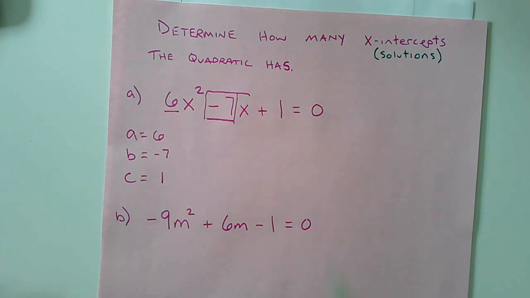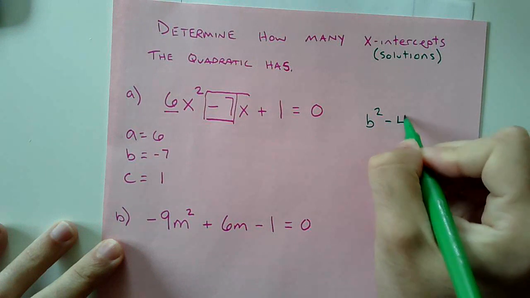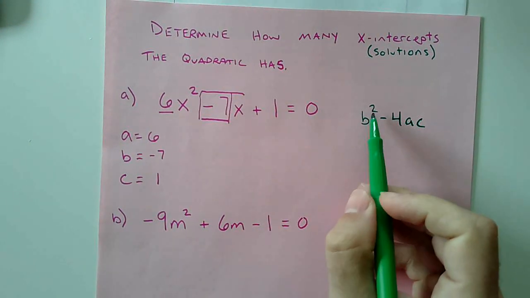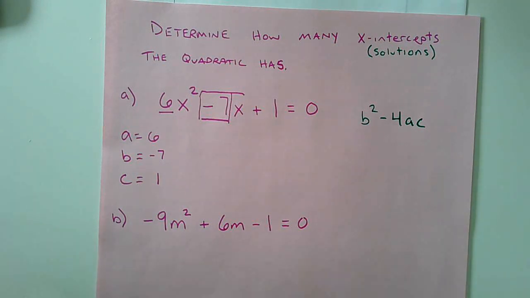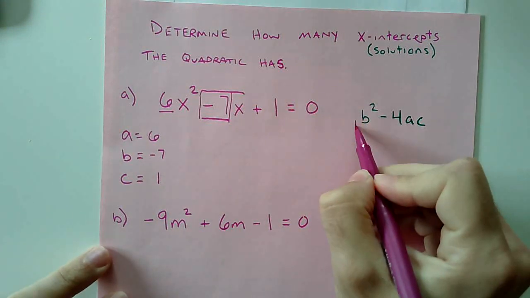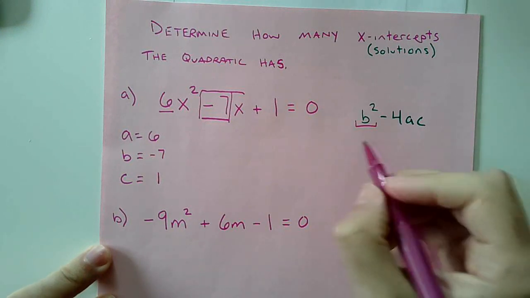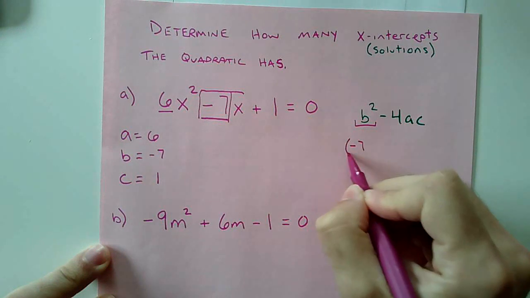And then I'm going to take my discriminant formula, b squared minus 4ac. Now it's important that we square all of B. So if B is negative, we're going to do the negative times a negative. So the value we get for this part of the formula should always be a positive value. I have negative 7 for B, so negative 7 is going to go in parentheses.